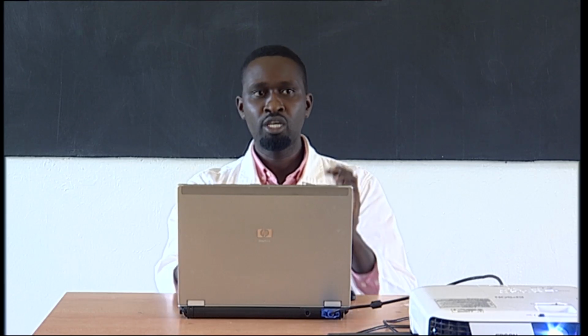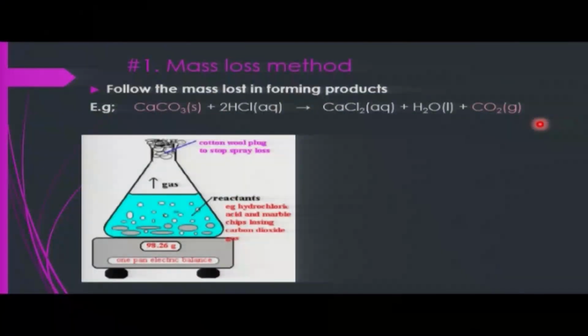So how would we carry out such experimentation? Simple. Take a close look at the illustration. We have our marble chips, which is calcium carbonate. When you react it with the acid, hydrochloric acid, the gas carbon dioxide will come out.